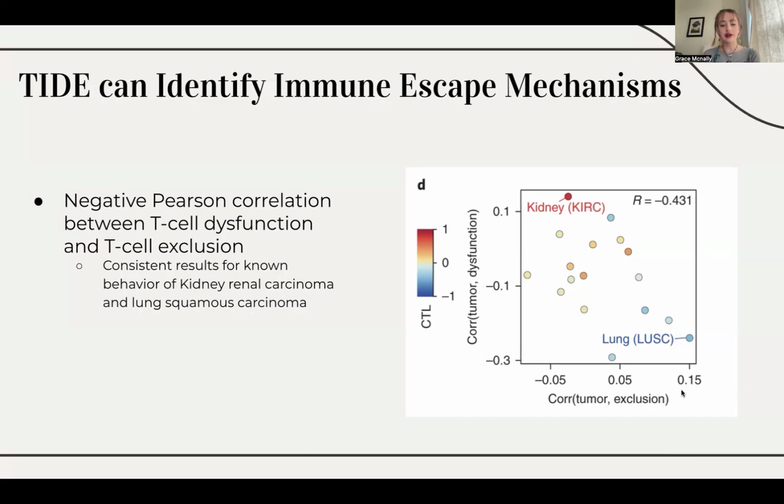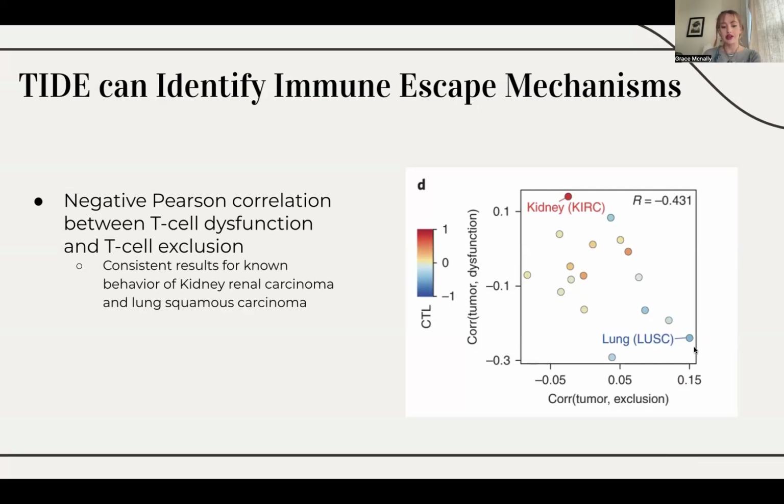The results shown in this figure D were consistent with known high CTL levels in kidney renal cell carcinoma, shown in the upper left corner, and low CTL levels in lung squamous carcinoma, shown in the bottom right corner.